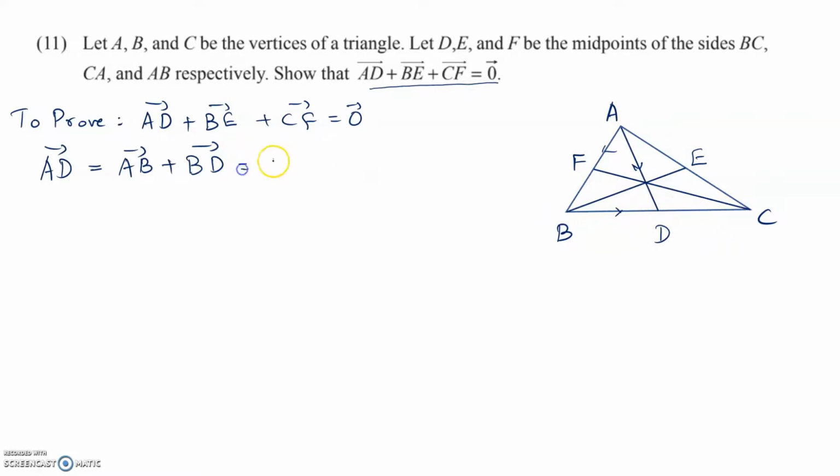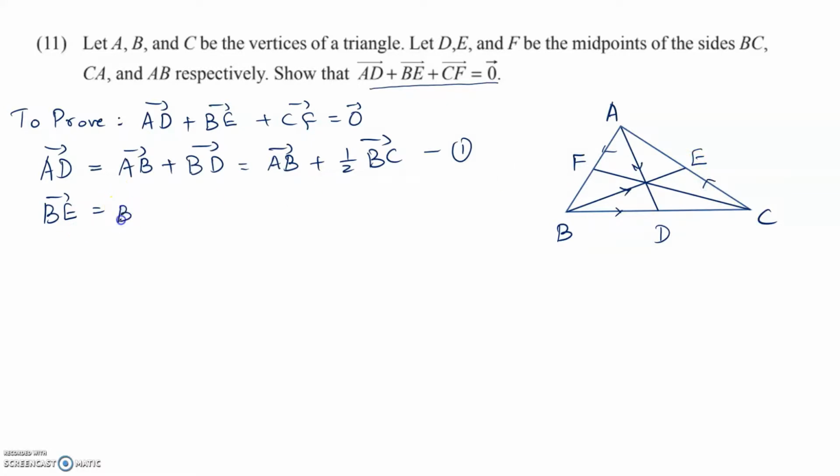So we can further write this as AB plus half of BC vector. Similarly, let's write our BE, and let's mark this as 1, to be BE vector will be equal to BC vector plus CE vector.